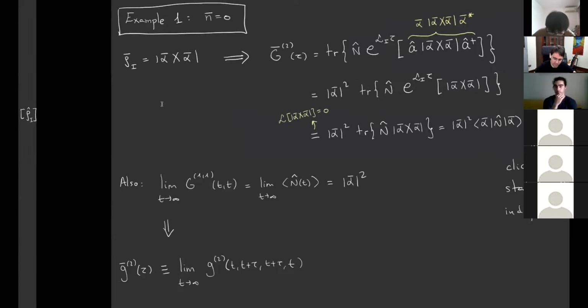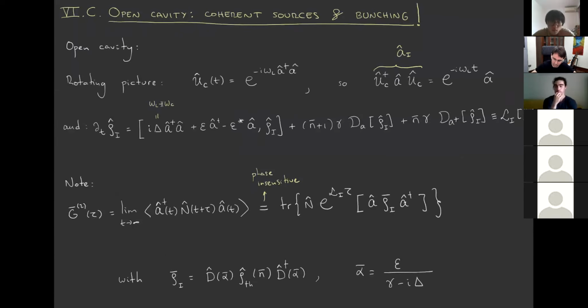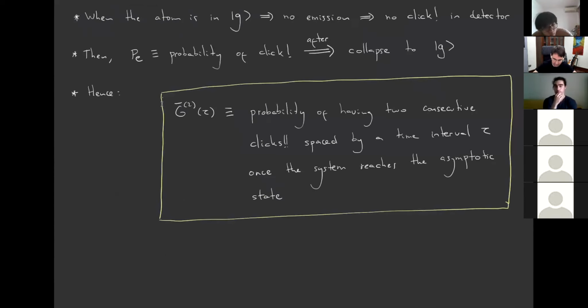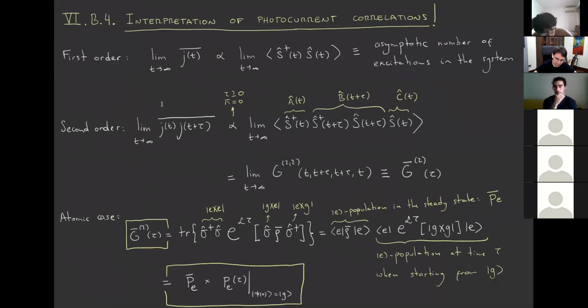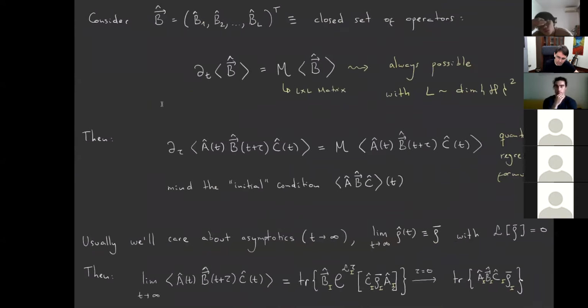So again, let me remind you, because I don't want you to get lost in the notation. What we define as the G2 function is just the G22 of t plus tau t, limit when t goes to infinity. This is what matters. This is the quantity that appears naturally when you do the autocorrelation function or the two-time correlation function of the photocurrent.